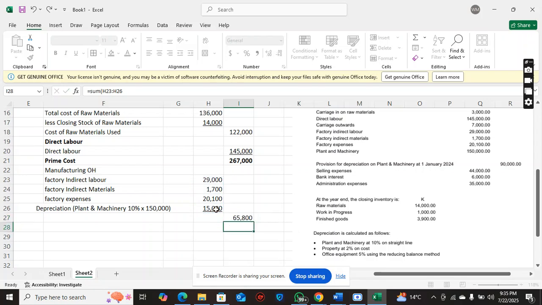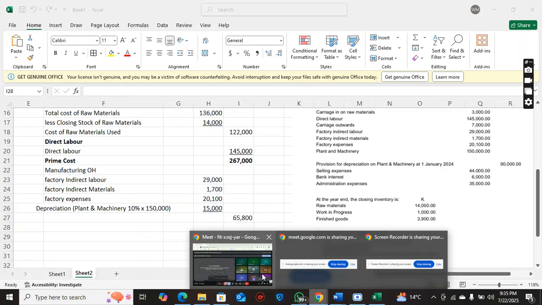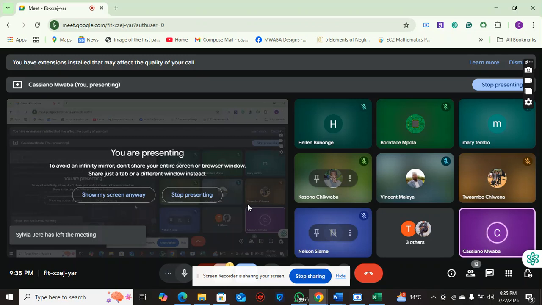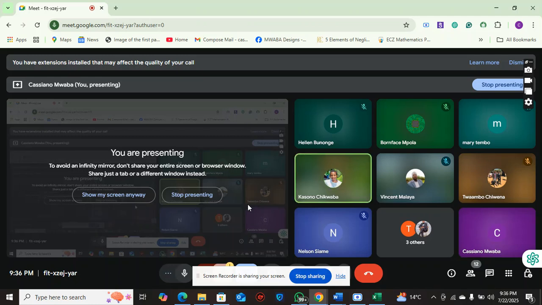That's a good question, sir. Straight line method just means the depreciation charge is the same every year. It doesn't change. Here we've calculated the depreciation charge is 15,000, so next year the charge is still 15,000, the other year 15,000. With the reducing balance method, the depreciation expense starts to reduce as the years go by.